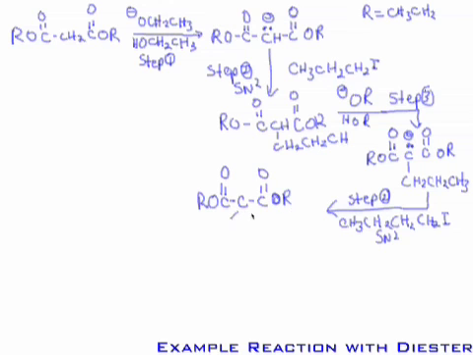And off of this middle carbon now we have a propyl and a butyl. Great. Now for step 5.